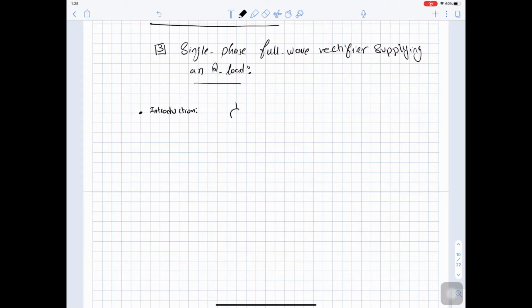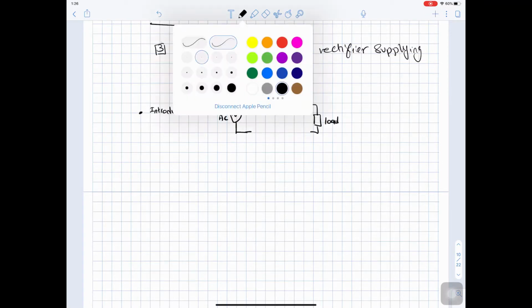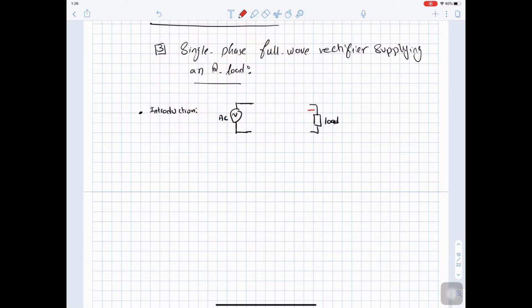So if we go to the single phase half wave, we have a source and this source is AC and we have a load and we need this load to be DC. And DC means we need the polarity here to be fixed, while the polarity of the AC source is changing.